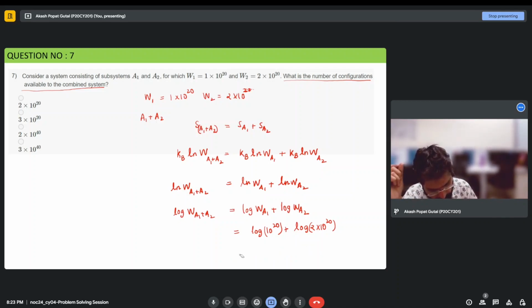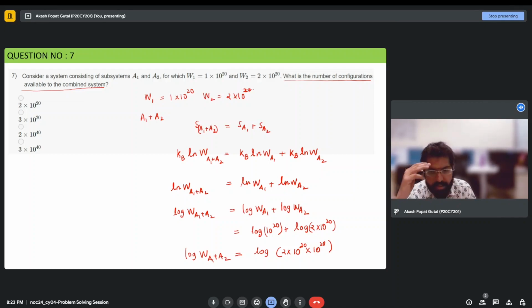This is a plus sign. It means log of 2 cross 10 raised to 20 into 10 raised to 20. So we will be using properties of log, and log WA1 plus A2 will be this.